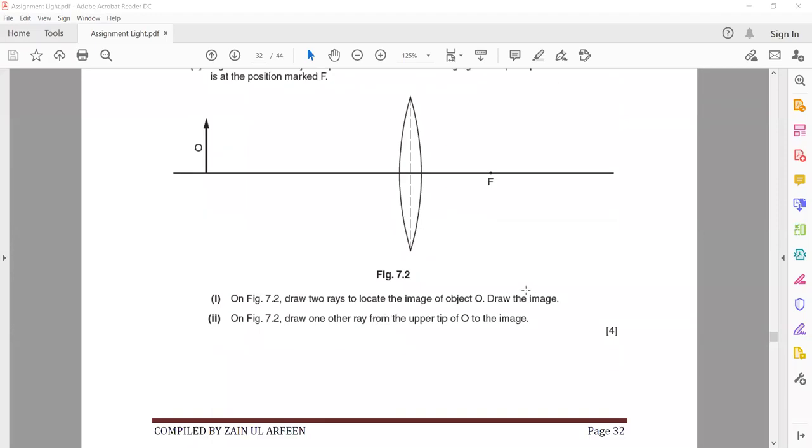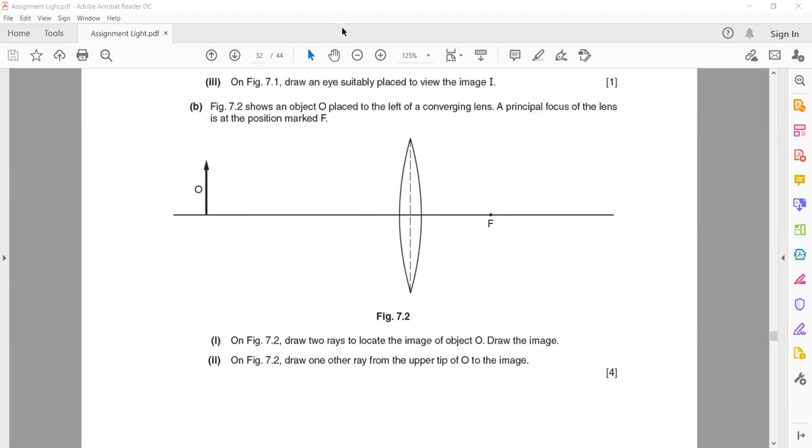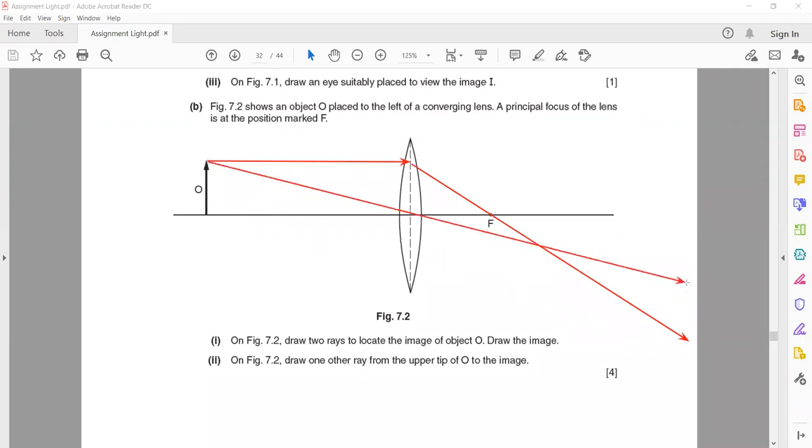Draw two rays to locate the image. First, the parallel ray: from where will it pass? Through the focus F. One ray passes through the center and goes straight. The point where the two light rays intersect will be the image.